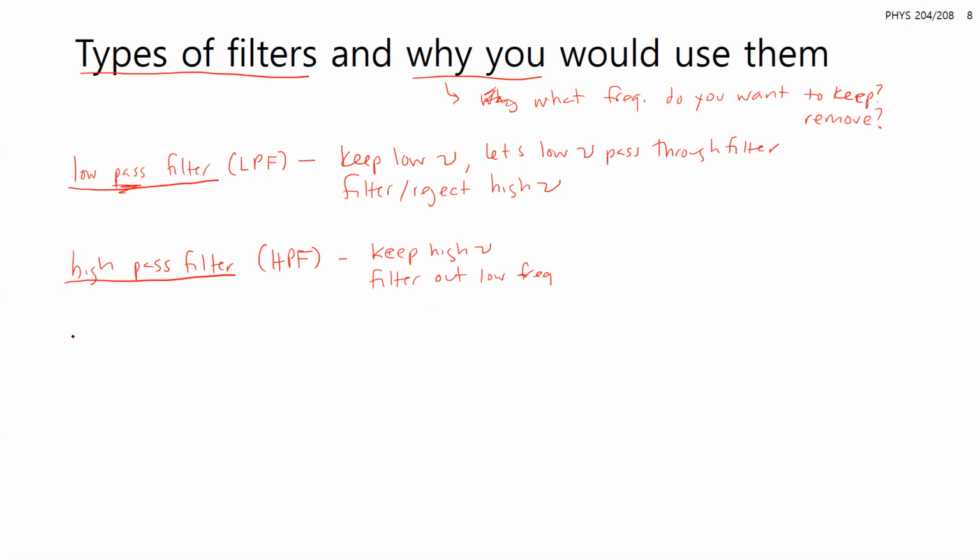And then finally, band pass filters, which I guess are normally written as one word. That means it's going to be more selective. It's going to keep a band of frequencies and then reject higher and lower frequencies outside of that band.